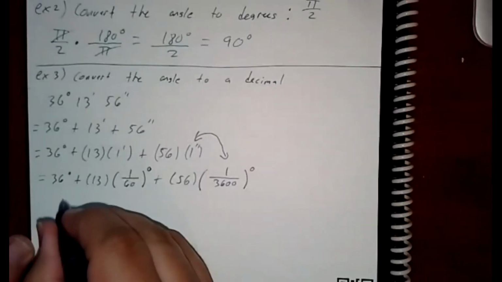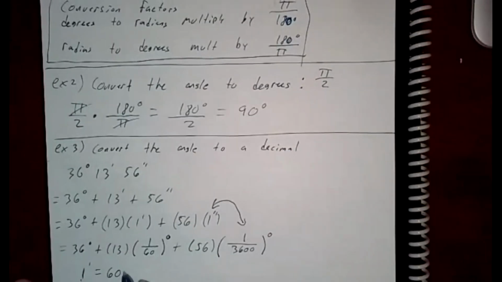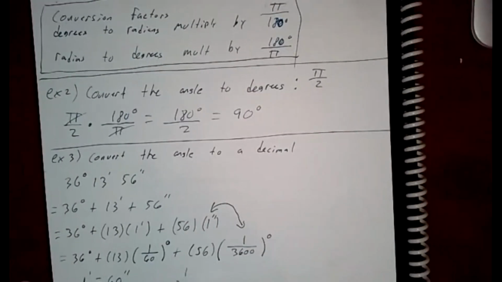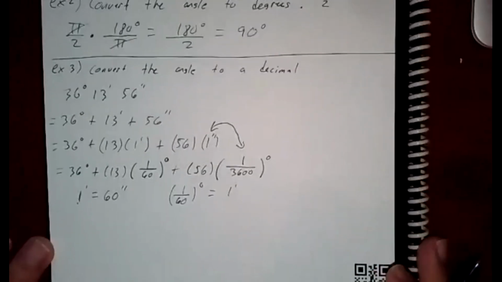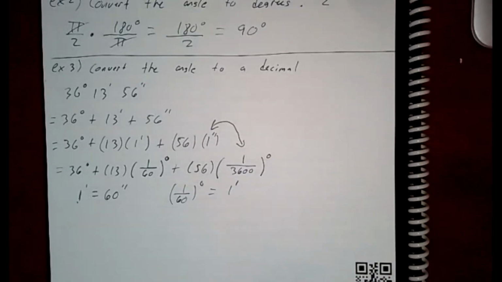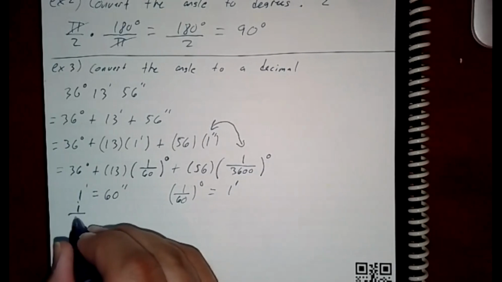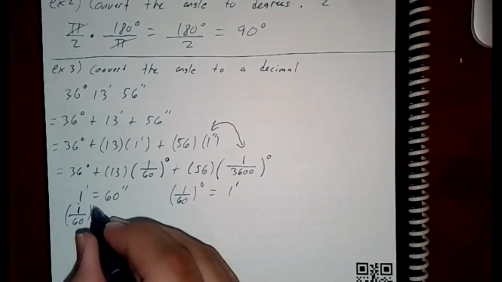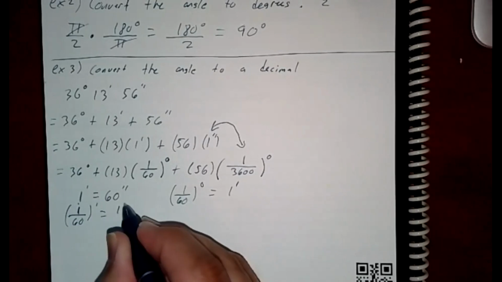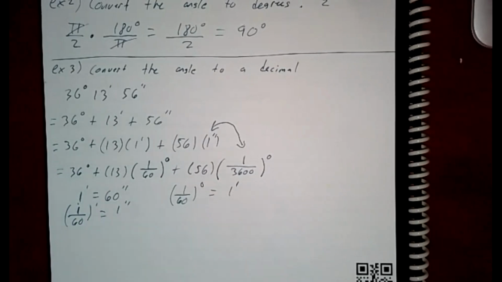But just for fun, because you guys want to know. 1 minute is equal to 60 seconds, right? And we need the fact that 1 over 60 degrees is equal to 1 minute. There we go. Yeah, using this idea. Okay, so if I divide both sides by 60, I will have 1 over 60 minutes is equal to 1 second. Okay.